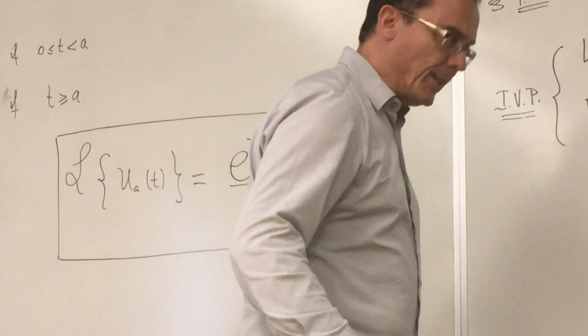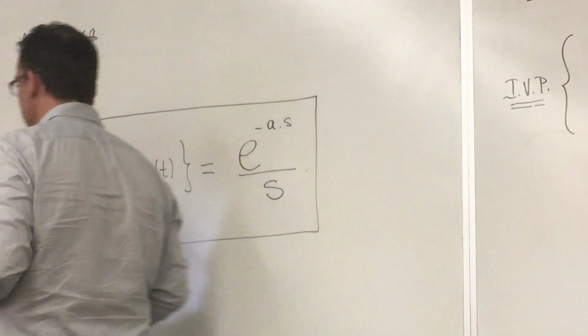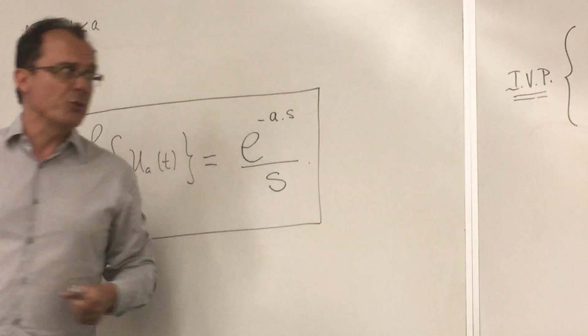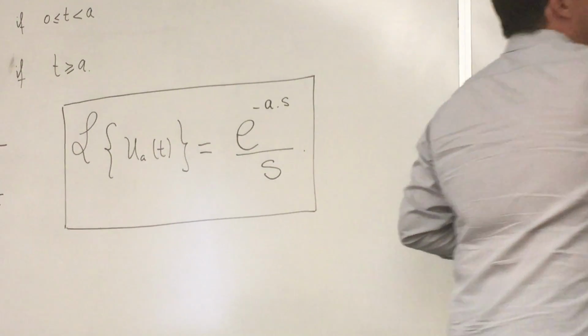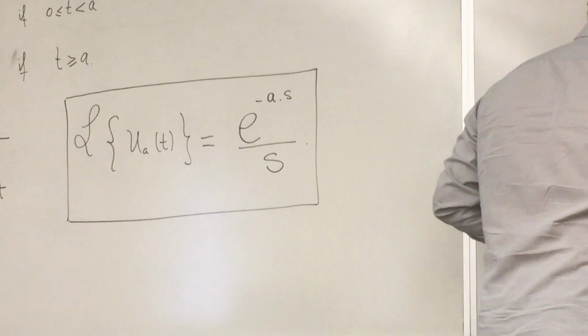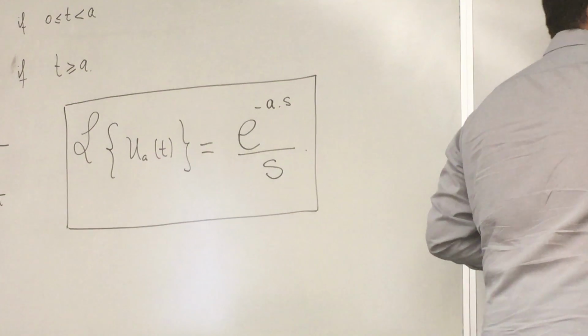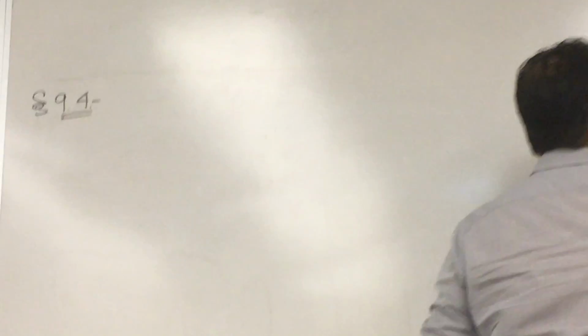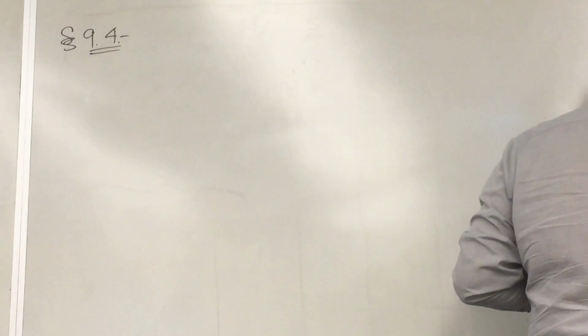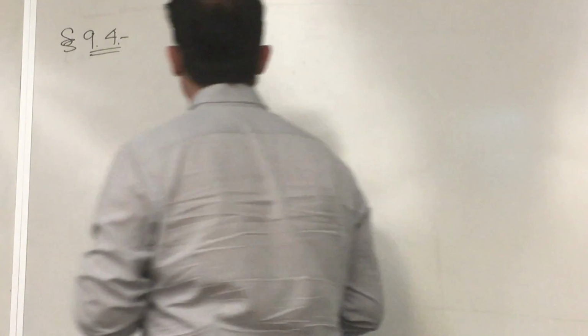Now, in the context of what we were talking about, this type of function appears in the non-homogeneous term of the differential equation. Another type of function that might appear on the right-hand side of the differential equation as part of the non-homogeneous term could be a function like this.